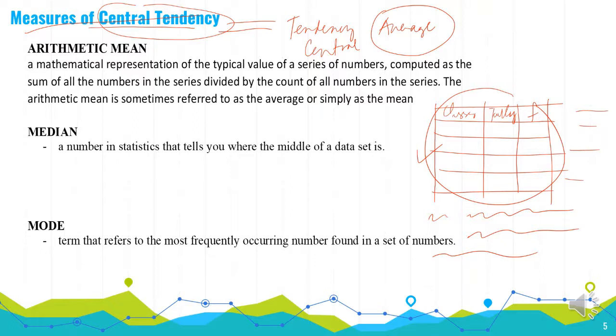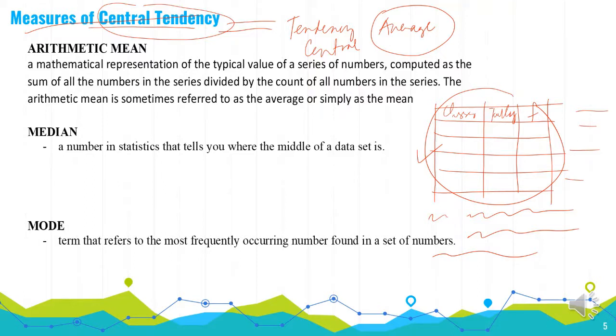If 50 hollow blocks were tested for compressive strength, what can you say in summary about what you measured? You will say, on the average, the compressive strength of the hollow blocks is such and such. That number is actually what we compute.